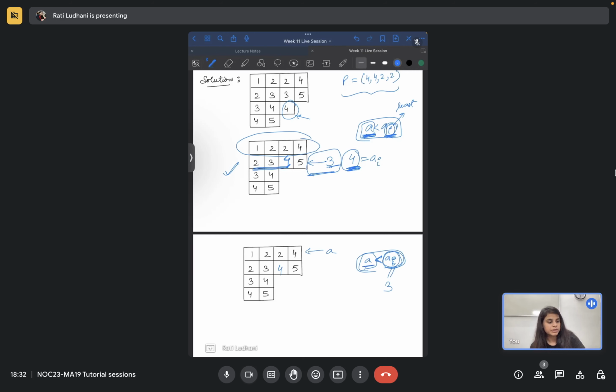So the replacement has been done at this place. So here at this point, you are looking at a number which is strictly less than ai, and which is nearer to ai. So this 2 will be replaced by 3.